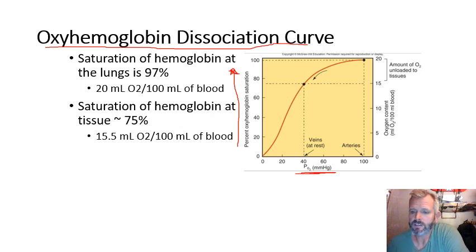When we get to the lungs, our partial pressure of O2 is at what level? It was at 100. And what do we see? How much of the hemoglobin is saturated with oxygen? How much oxyhemoglobin saturation do we have? We are up here. We already used that term, 97%.